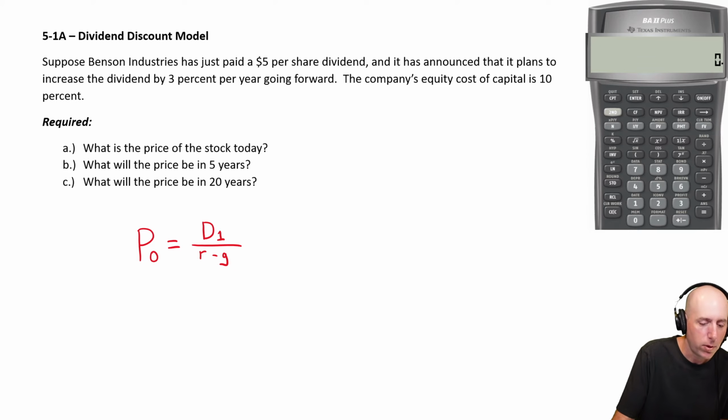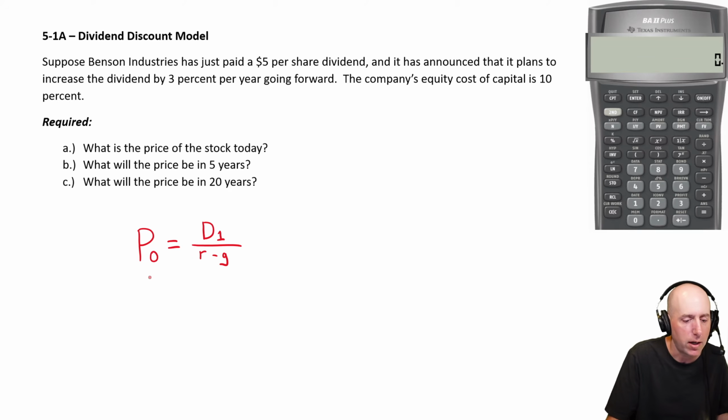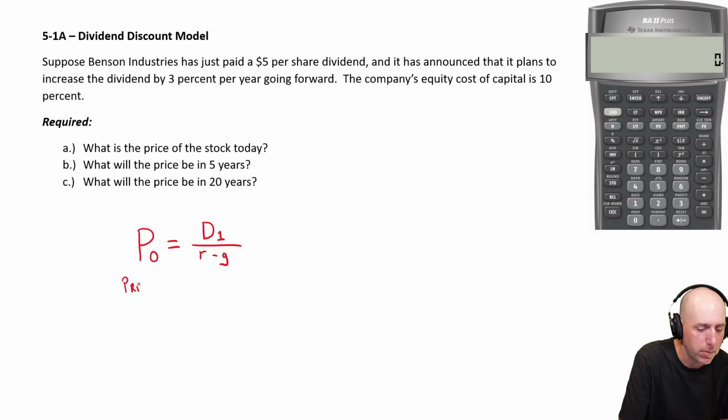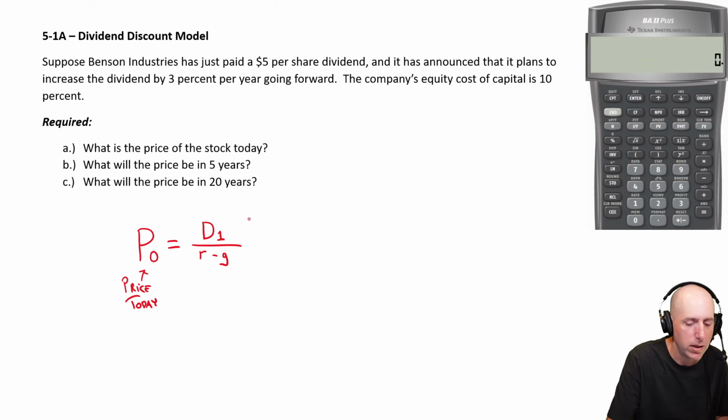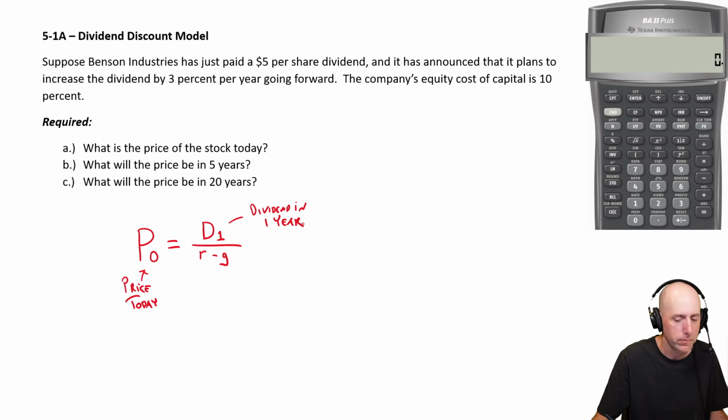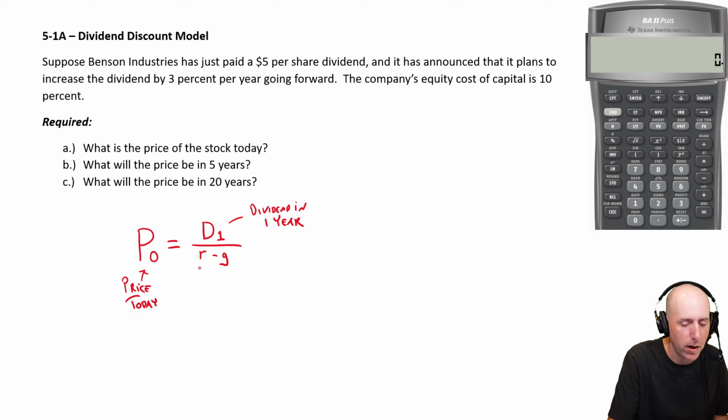We're going to use this formula. This is the dividend discount model with a growth rate to the dividend. So P0 is the value of the stock today, the appropriate price today, that equals D1, which is the dividend amount in 1 year, our expected dividend in 1 year, divided by R, which is our required rate of return, our discount rate, minus G, and G is the dividend growth rate.